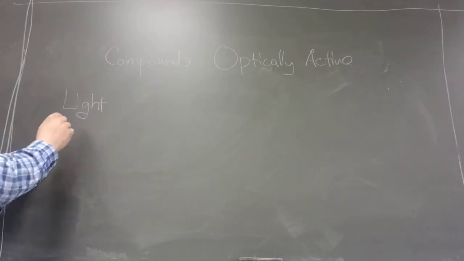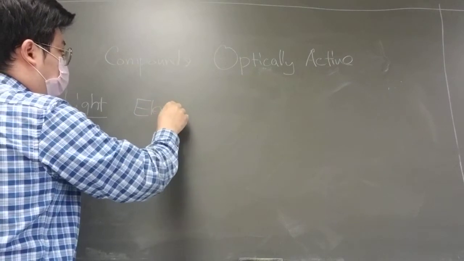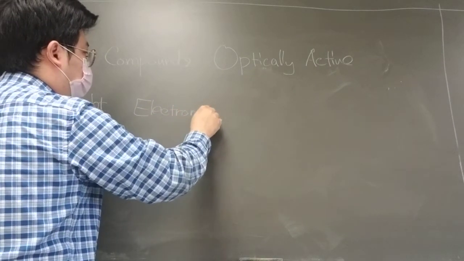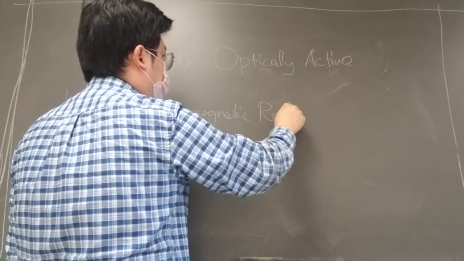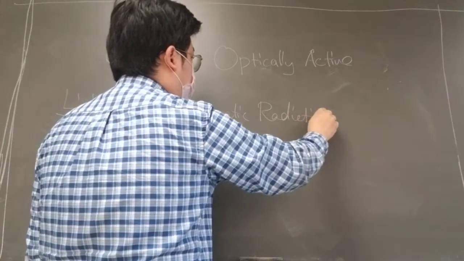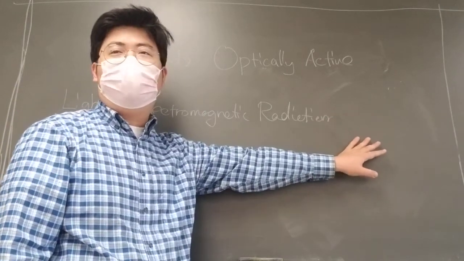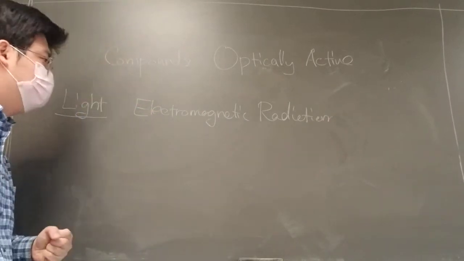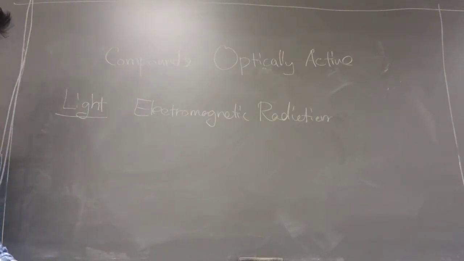So light is electromagnetic radiation. Okay? It's kind of a funny object. As a scientist, it does quite weird things in our nature, in a lot of aspects.